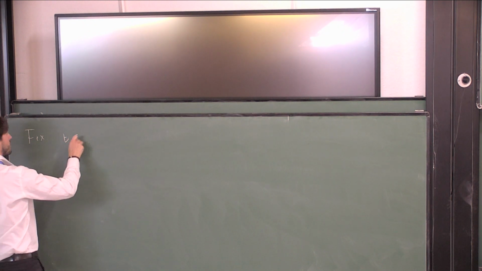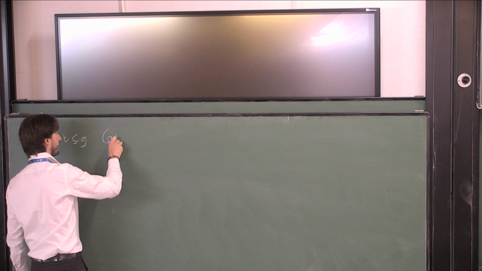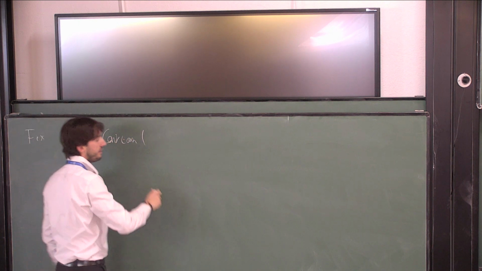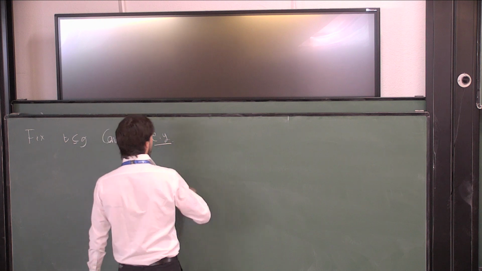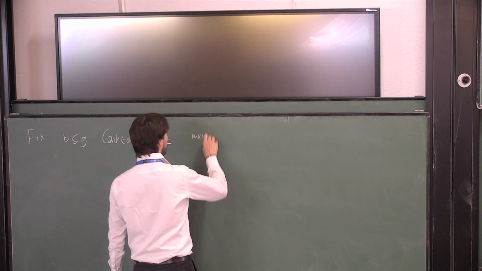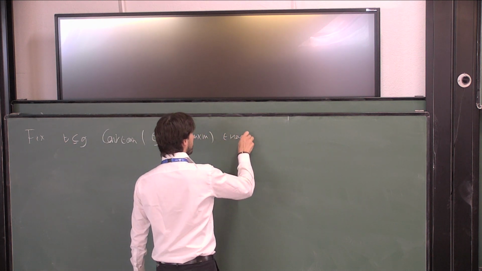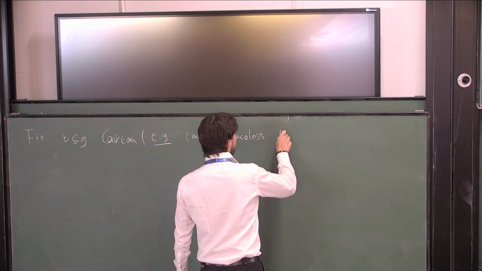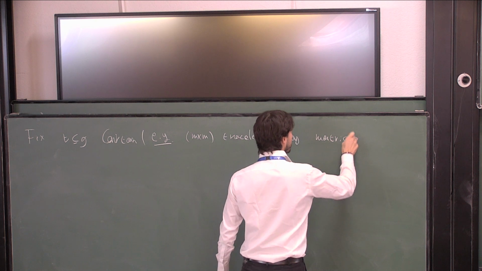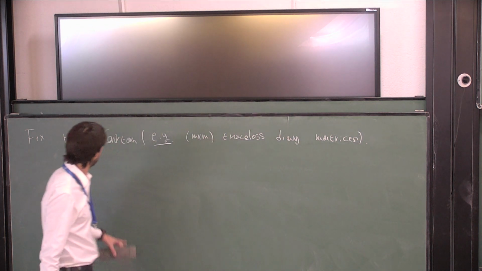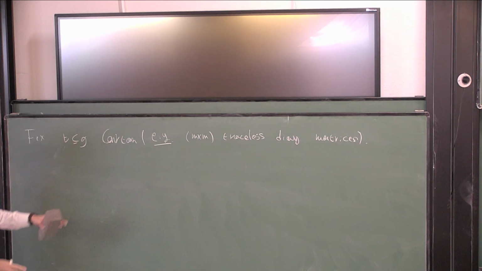So fix t in g a Cartan subalgebra. This just means in this example that I consider traceless diagonal matrices of size n. Okay, and now you want to consider an affine version of this, but you also want to take something more.